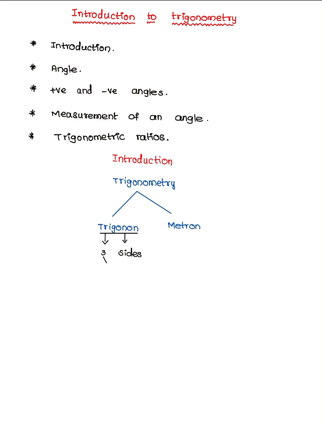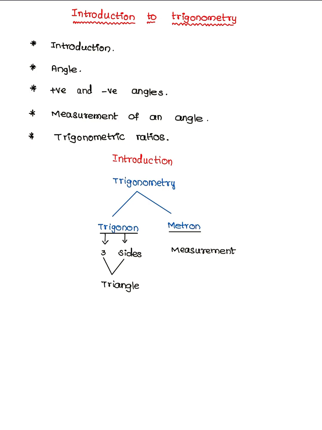A polygon with 3 sides is called a triangle. We know that already. And the other word metron means measurement. So finally trigonometry means measurement of a triangle. The meaning is measuring the triangle.